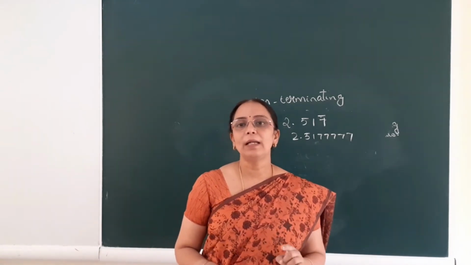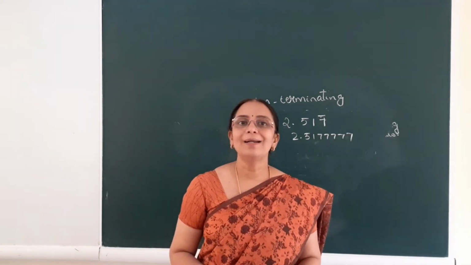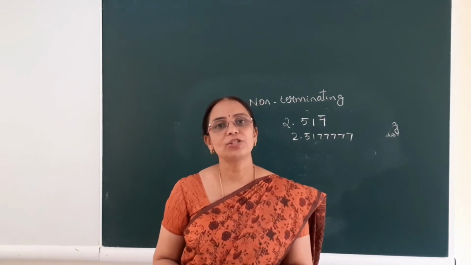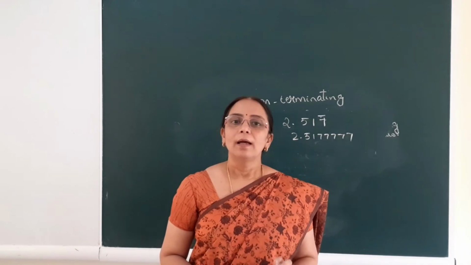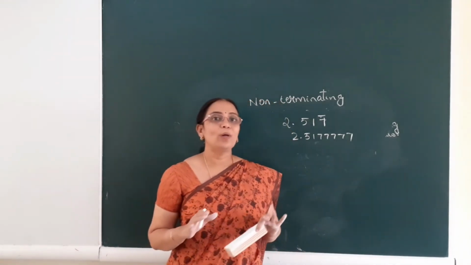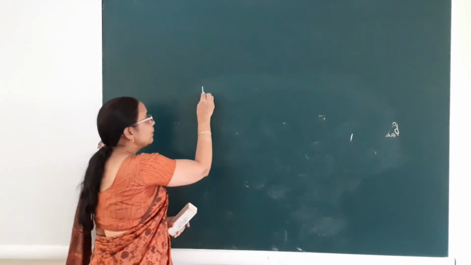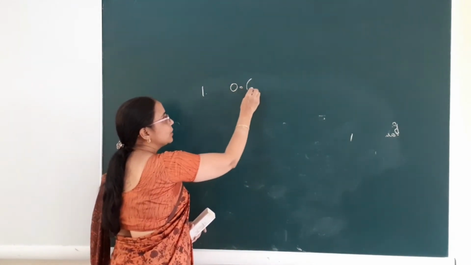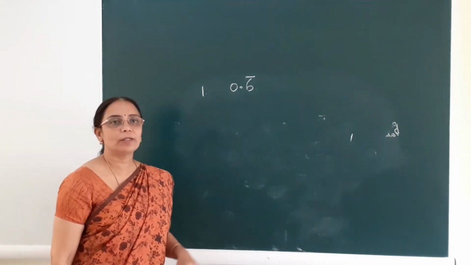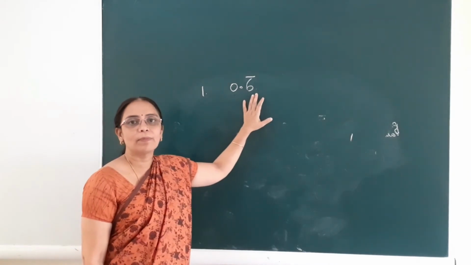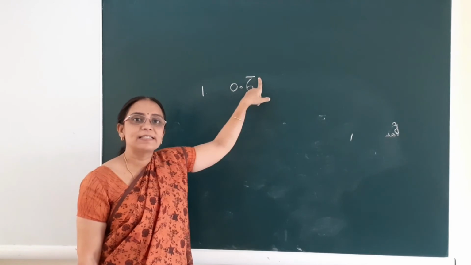So these are terminating and non-terminating decimals, and now we will see how to convert this decimal expansion into a rational number. Let us see with an example. For example, I am having a decimal expansion 0.6 with a bar on top of 6.